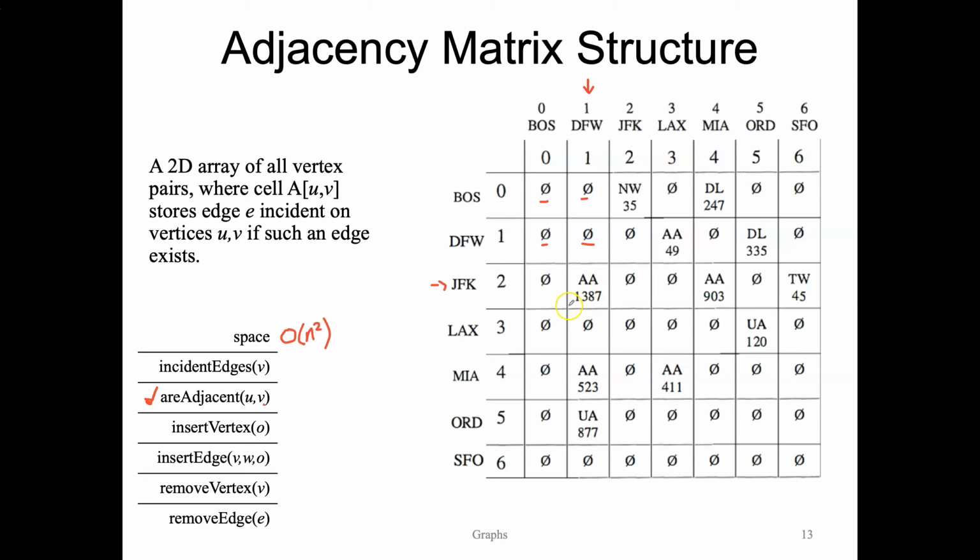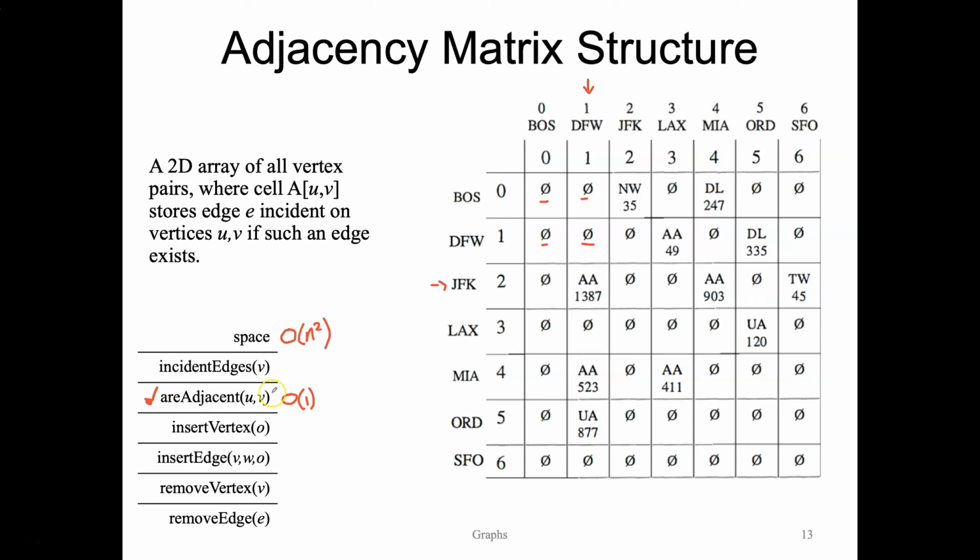So because we're just accessing an element of a 2-dimensional array at a particular index, we can do this in constant time. So this is the main reason why we would want to use an adjacency matrix structure, because we can do this operation much faster than in the previous implementations.